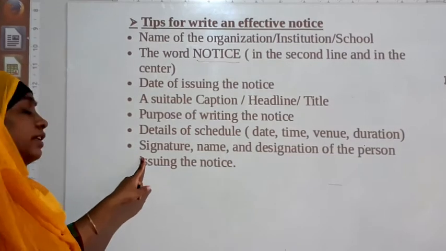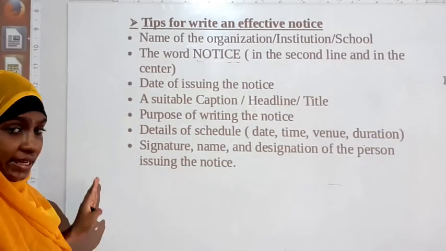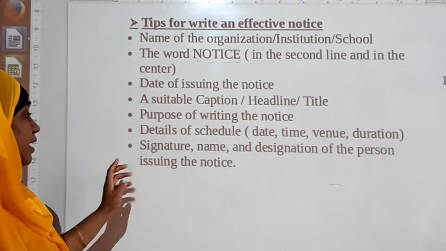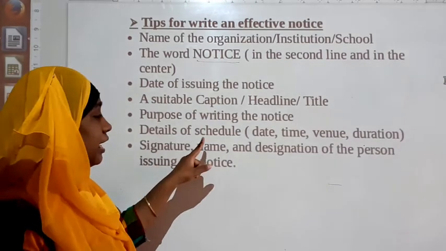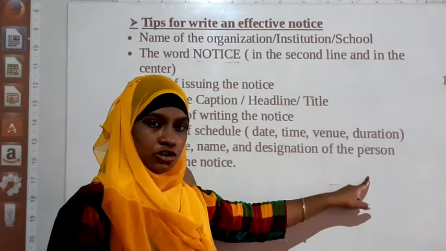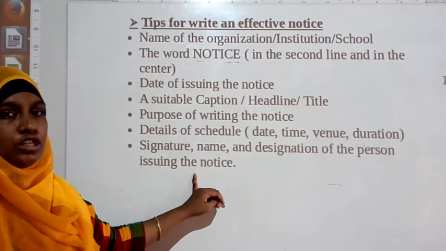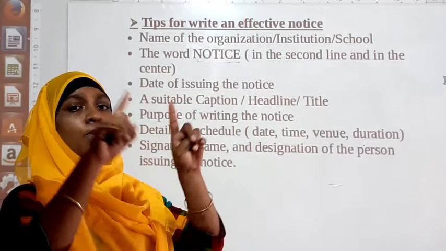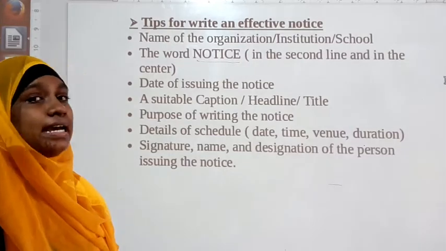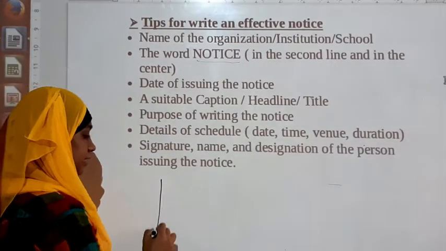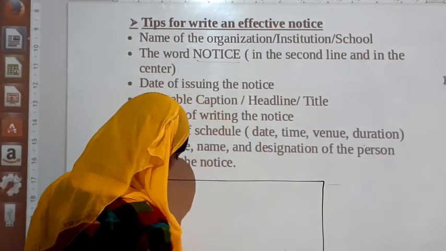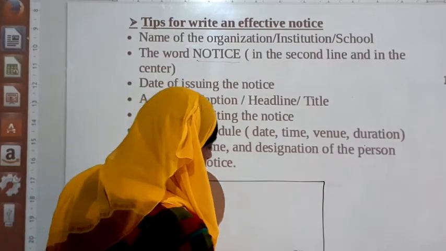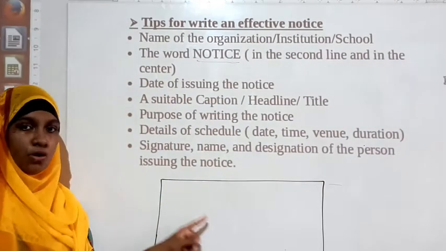Then, again on the left hand side, you will put the signature, name and designation of the person issuing the notice. These are the only things you are going to put in a notice, and the notice should be written in a box.